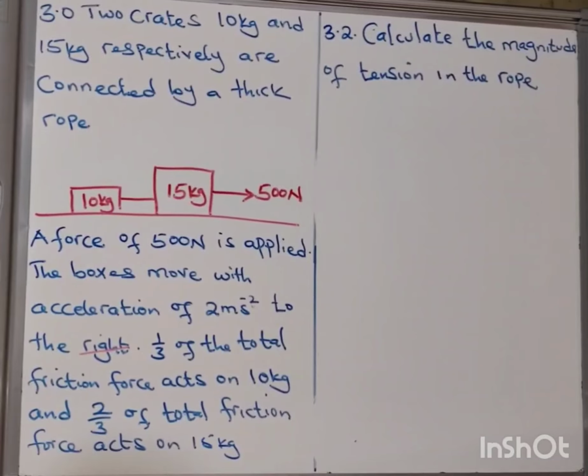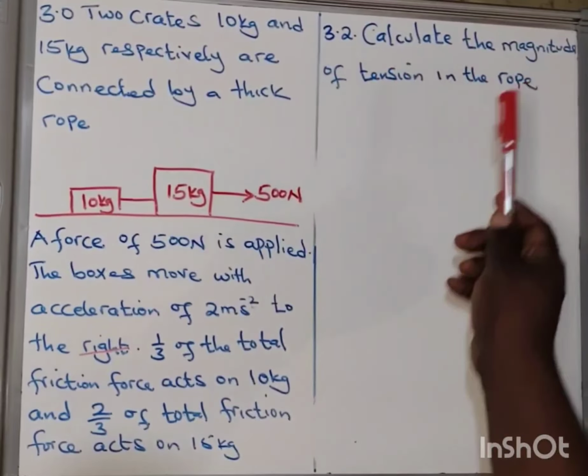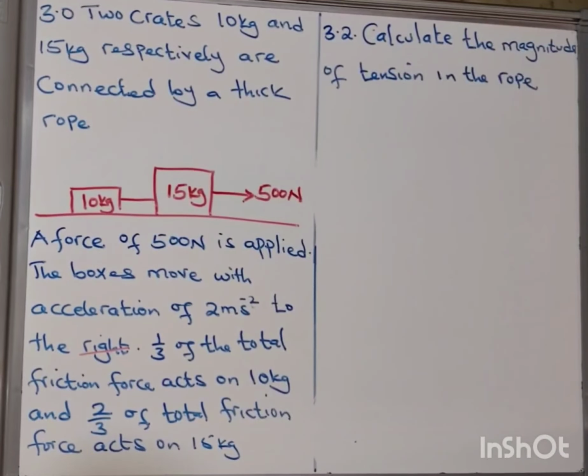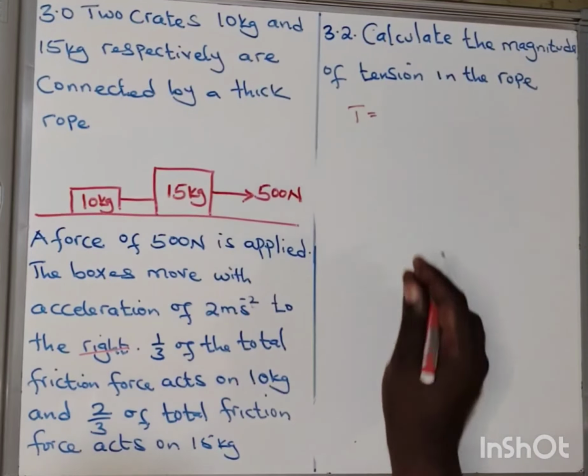Okay. So with that, let us look at the last question of this. Then comes this question. It says, calculate the magnitude of tension in the rope. Okay, how do you go about this one? We do this by substituting in one of the equations for T. You can choose any, but let us choose this one for now.